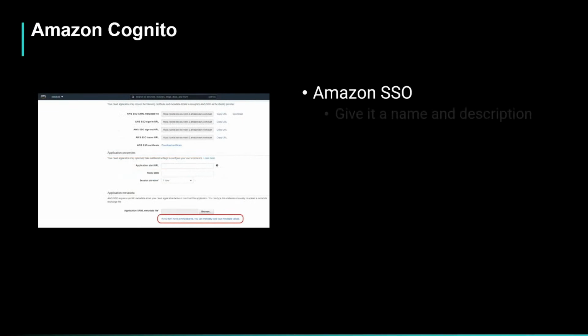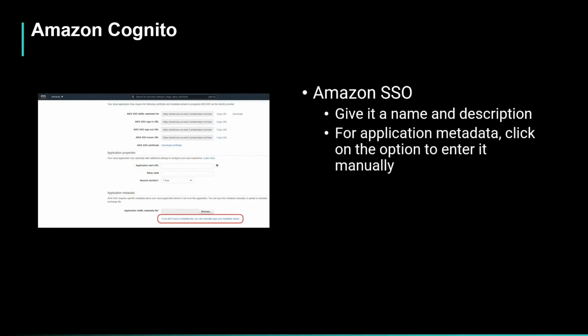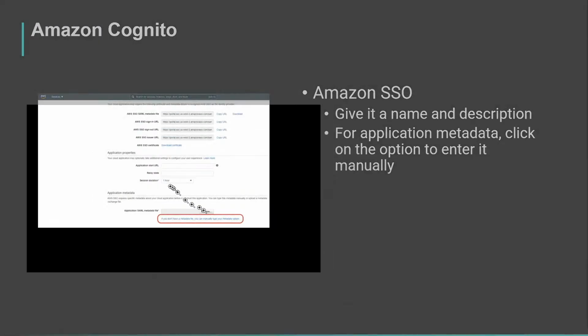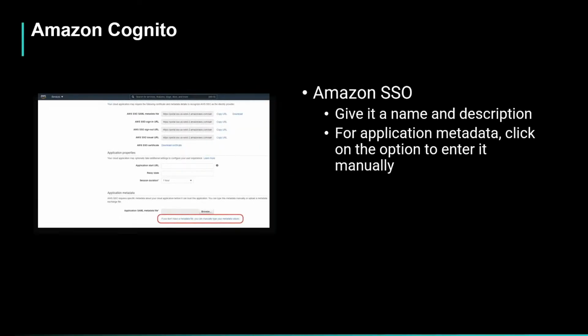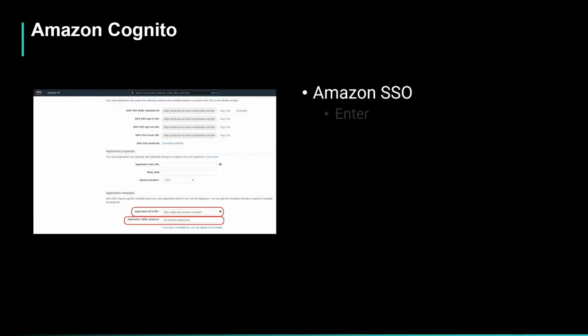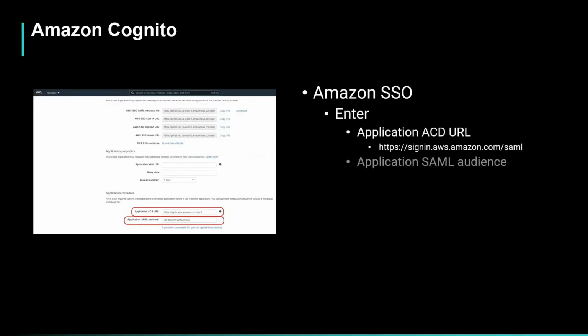Okay, we're going to give it a name, a description, and for the application metadata, we want to click this link that says you want to type it in manually. And what we do is provide these values.